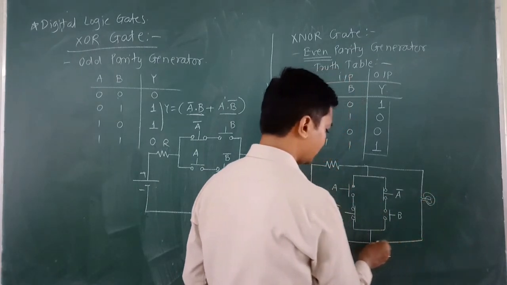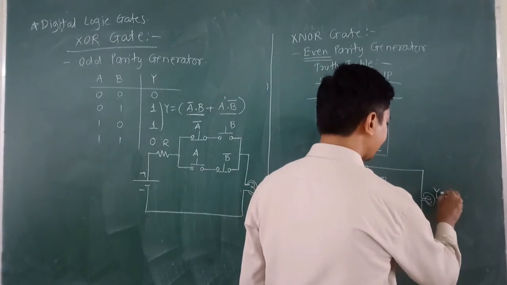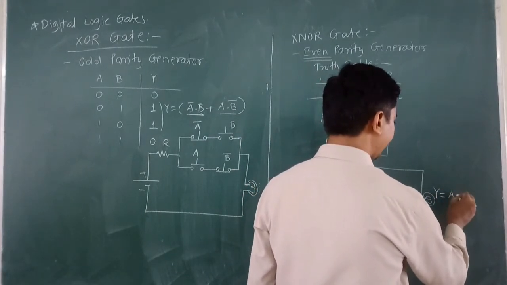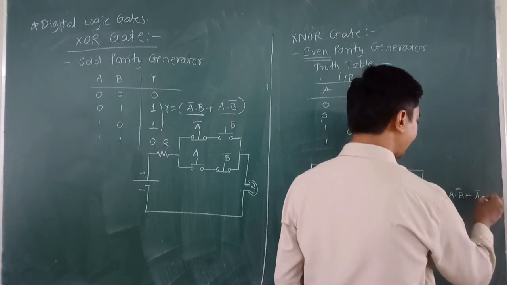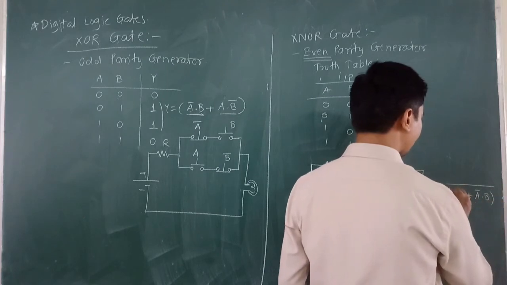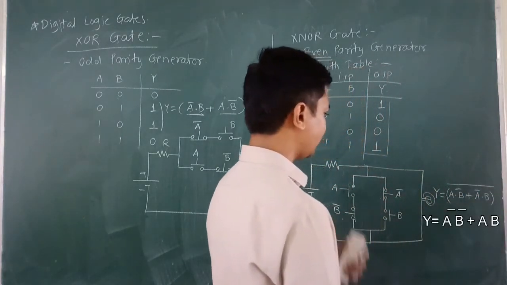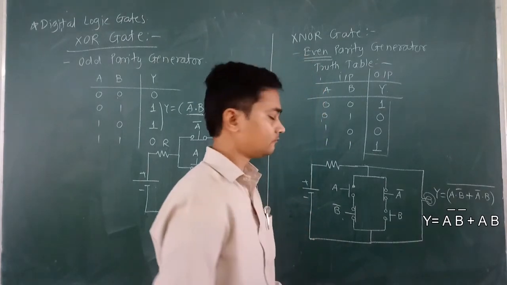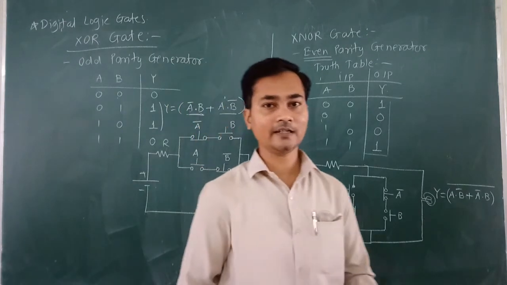This will form the NOT operation. Okay, so output Y equation will be A dot B bar plus A bar dot B, and whole bar. So this is the output of XNOR. Okay, so this is all about the logic gates and their operations.